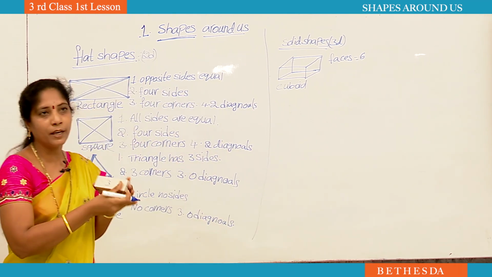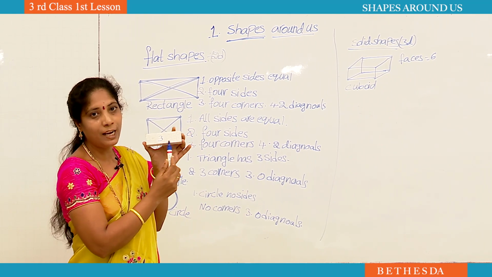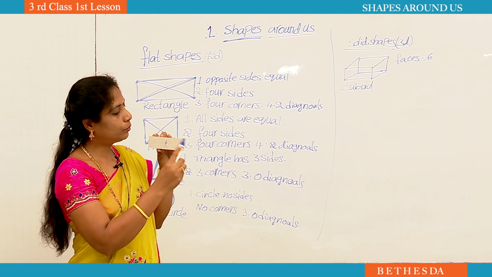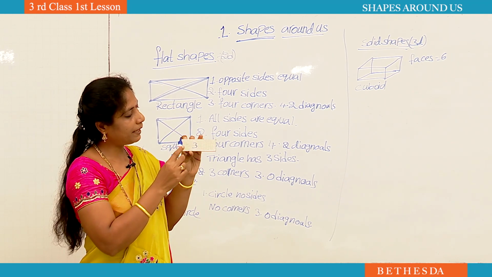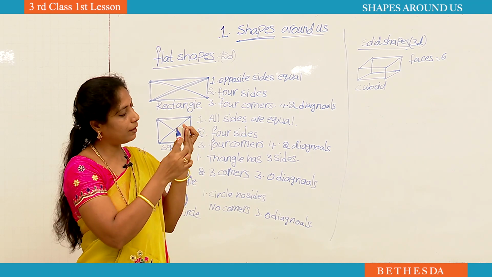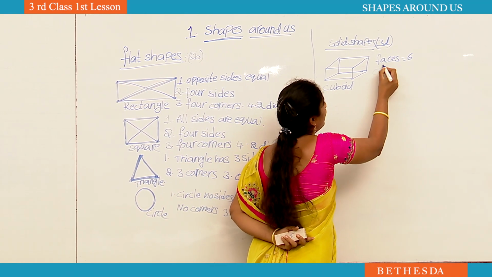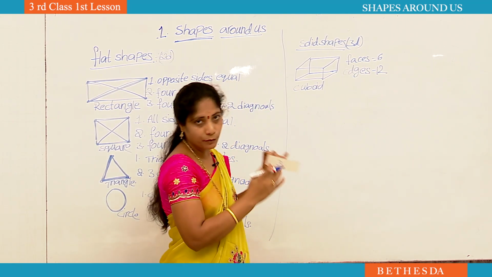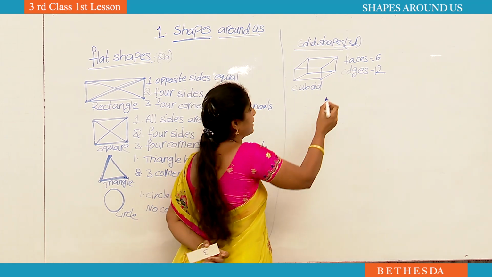Now see here, these are called edges. How many edges does a cuboid have? 1, 2, 3, 4, 5, 6, 7, 8, 9, 10, 11, 12. Cuboid has 12 edges. Cuboid has 6 faces and 12 edges.